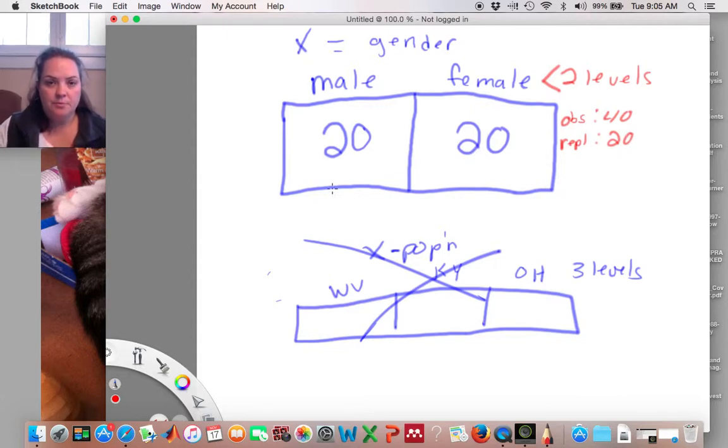All right, so this should make sense then. We have our independent variable, and we're trying to figure out how gender affects weight in males and females. We have 40 total observations, 20 replicates per level of our independent variable.